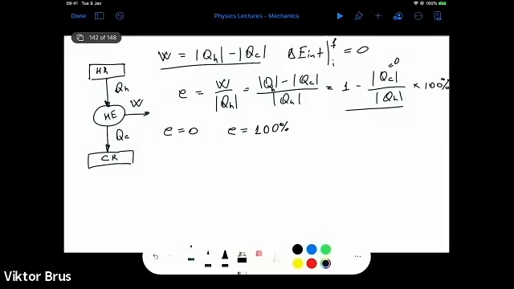So it's impossible to make such a heat engine where work will be equal to all input energy transferred via heat from a high temperature body. So this is impossible, and this is actually the second law of thermodynamics, one of the formulations of this law.